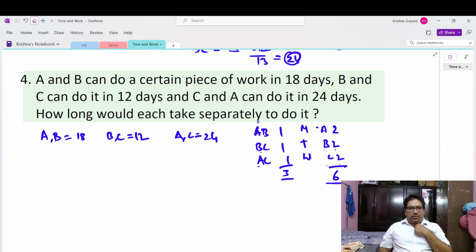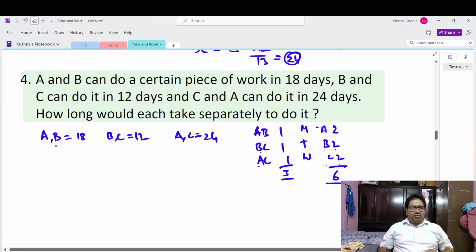And if it is taken 2 at a time, then it is 3 days of work. But if taken individually, it is 6 days of work. A worked for 2 days, B also 2 days, C also 2 days. Right? Now A and B can together do a piece of work in 18 days, B and C in 12 days, and A and C in 24 days. How long would each person take separately to do this?